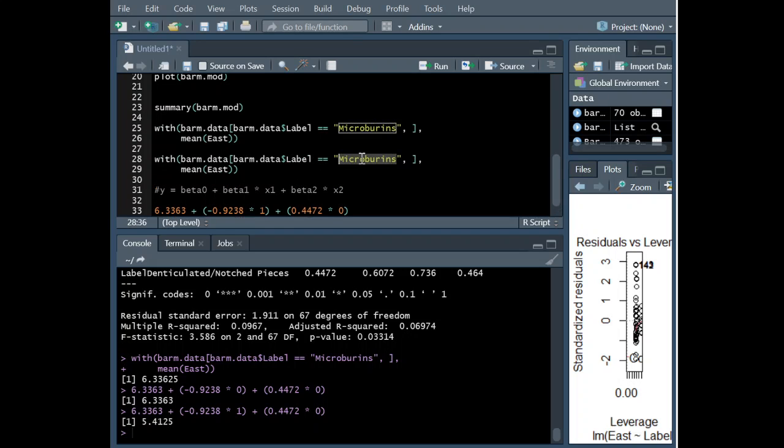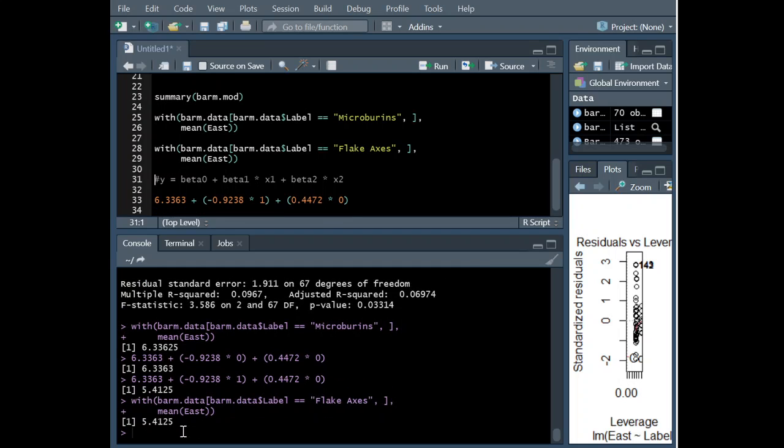And if we copy this code over and run it on flake axes, so with this data frame, just the flake axes from BARM data, run the mean function on the east column. If I run that, same answer, 5.4125. Right, that's what that's reflecting.